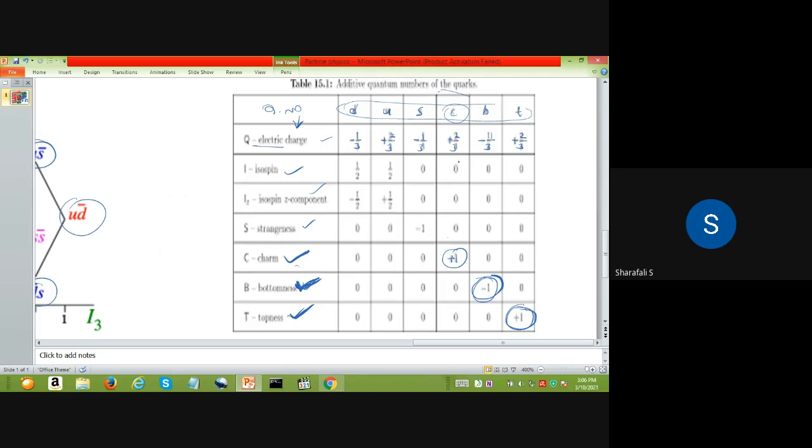Also, you can see that these values are 0 for the charm, bottom and top quarks: the Z component of isospin is 0, isospin is 0, strangeness is 0. We consider this set also 0 for the down, up, and strange quarks, because they do not have any charmness, bottomness, or topness, which are associated with the charm, bottom and top quarks only.